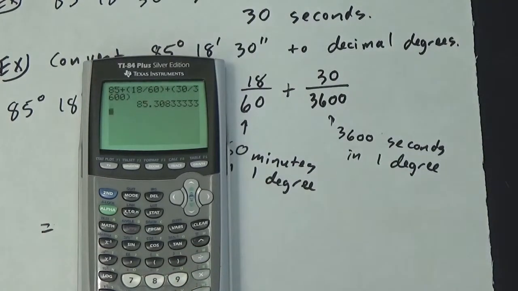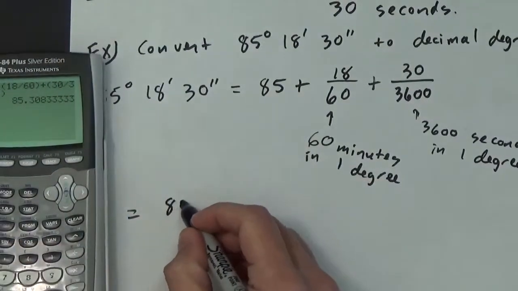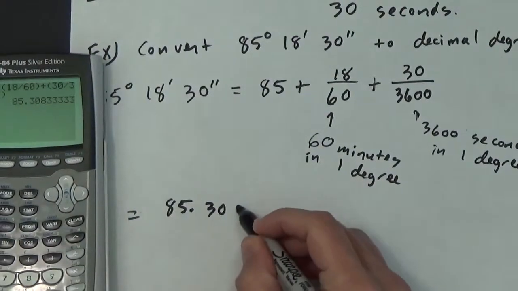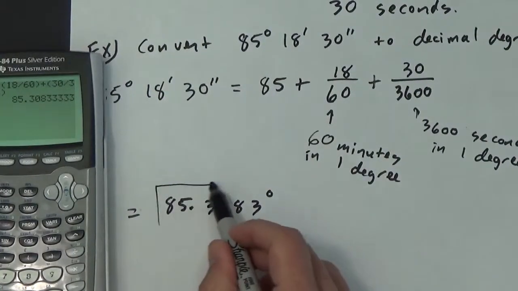And we end up with 85.3083333 degrees. A lot of times it depends on what the problem is, but we'll just write 85.3083 degrees. We'll do 4 decimal places for this one.